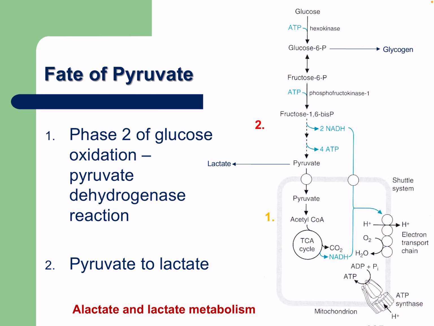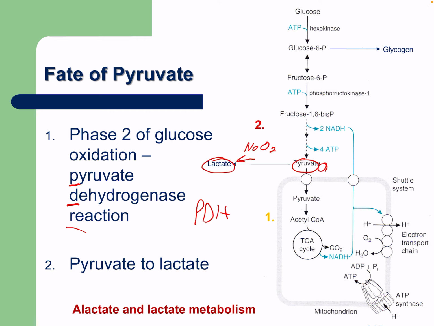Phase 2 of glucose oxidation is where we have the pyruvate dehydrogenase reaction. Pyruvate dehydrogenase is usually discussed as PDH. Here we have pyruvate. If we have no O2, it becomes lactate.